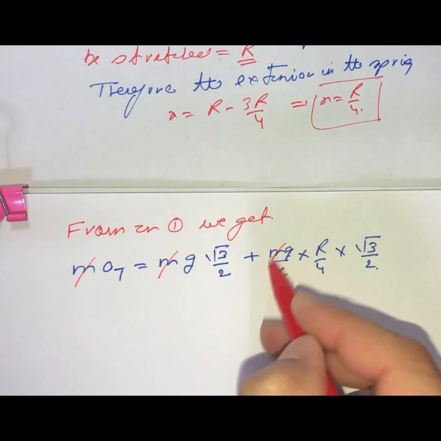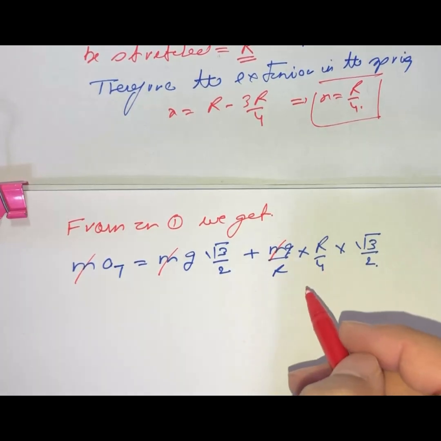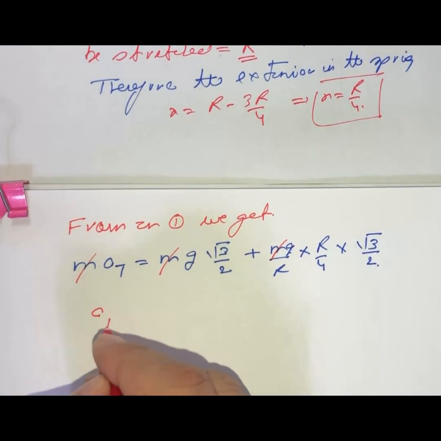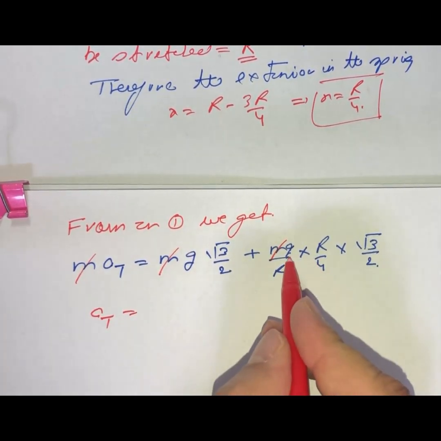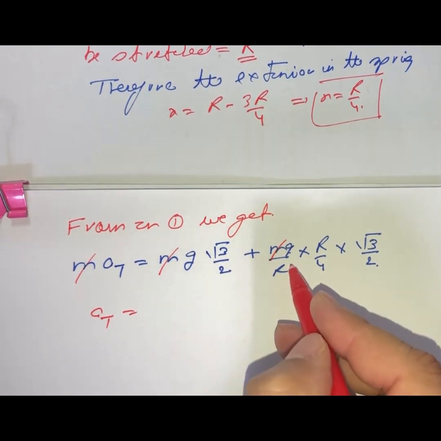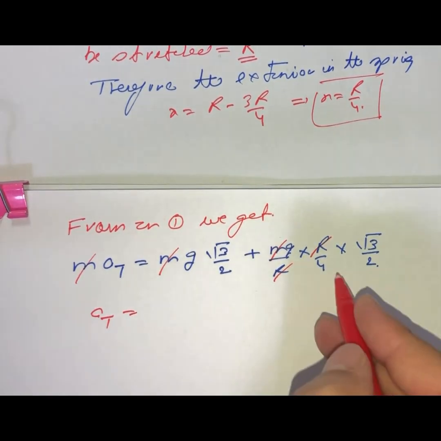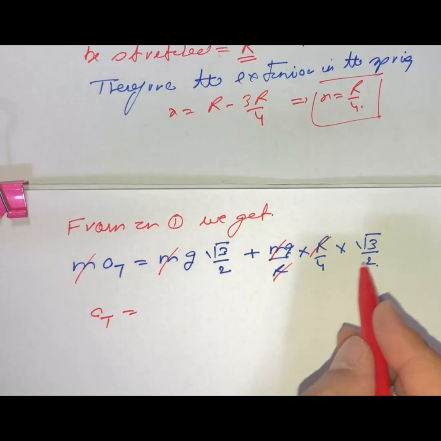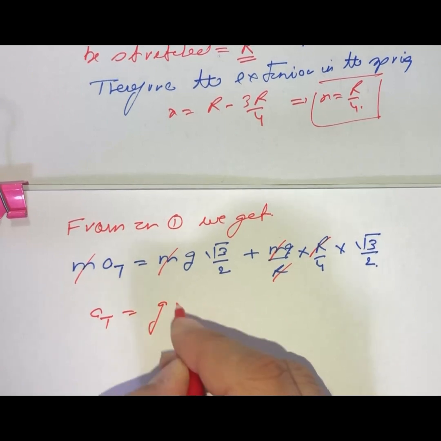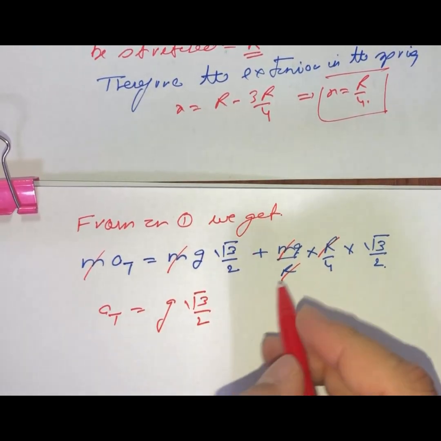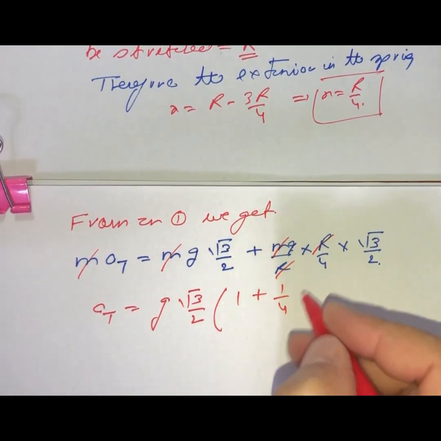So m cancels out throughout, and we can say the tangential acceleration is equal to, r also cancels out, so we are left with root 3 by 2 and g, so this will be g root 3 by 2, and taking common, this will be 1 plus 1 by 4.